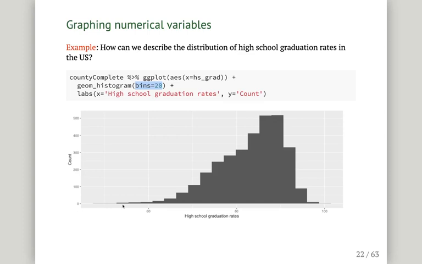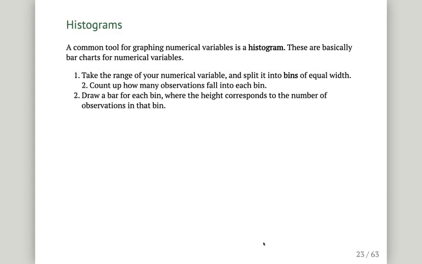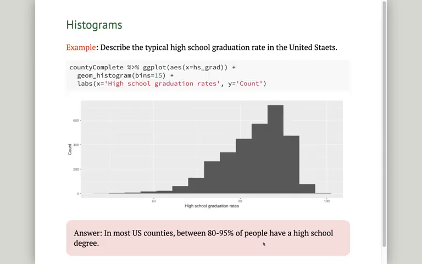So this very faint gray line indicates that there is still some data over here on the left. There is still some data over here on the right. If we add each of these up, there should be 20 splits or 20 bins here. So we'll count how many observations fall into those subgroupings, and then we'll draw a bar for each one. The height's going to correspond directly to the number of observations in that bin.